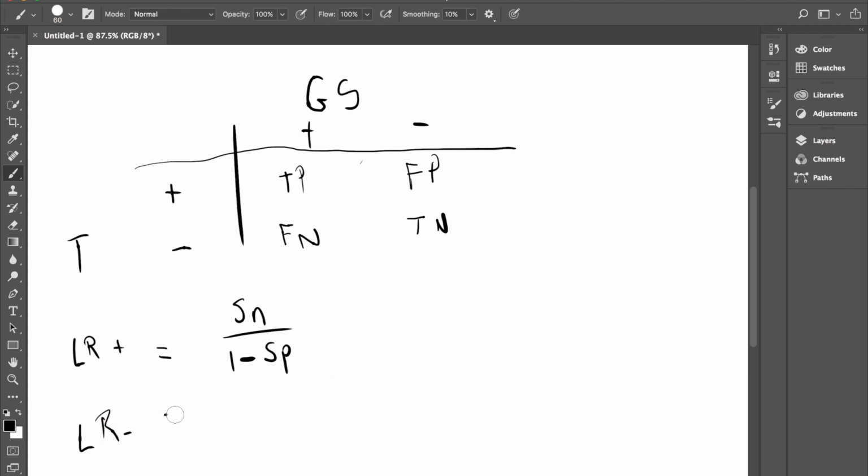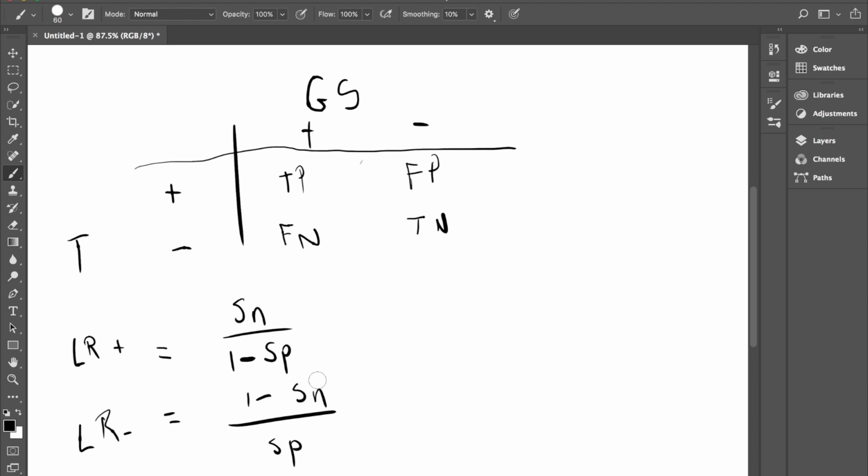LR negative values, on the other hand, are calculated by taking 1 minus sensitivity divided by specificity. And this LR negative tells me the odds of having the disease given that I have a negative test compared to someone who has a positive test, right?